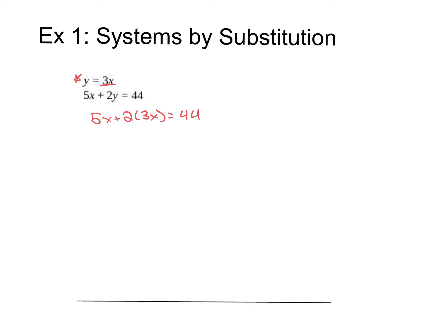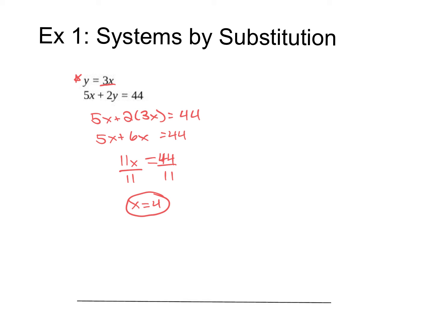And 2 times 3, that's going to make that 6x. These are like terms, so add those two together. And then lastly, this is going to set us up to divide by 11, and x equals 4.